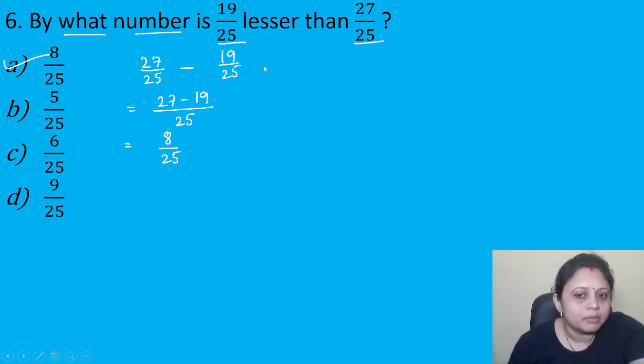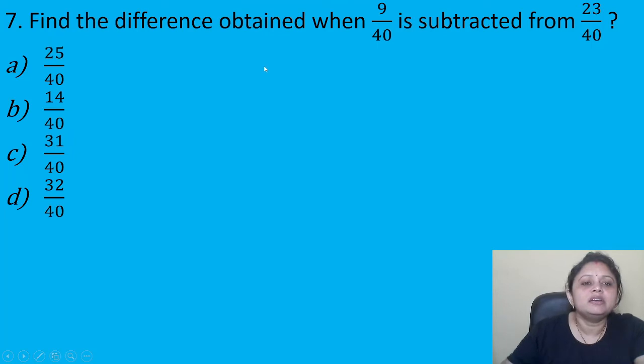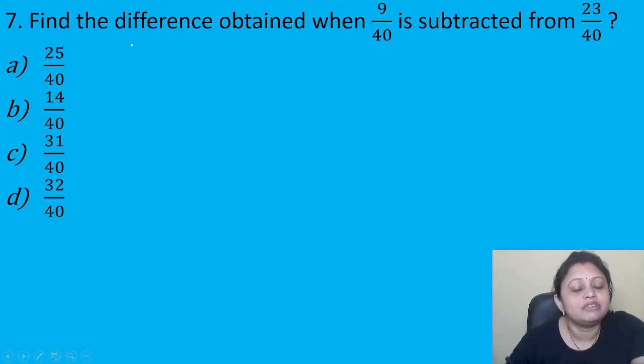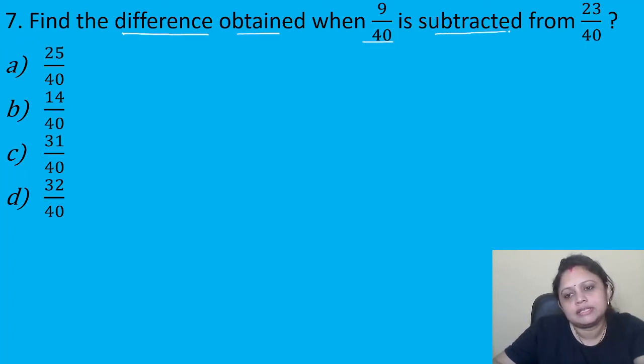Right. Coming to the next question, find the difference obtained when 9 by 40 is subtracted from 23 by 40. Option A 25 by 40, B 14 by 40, C 31 by 40, D 32 by 40. So we have to find the difference obtained when 9 by 40 is subtracted from 23 by 40.